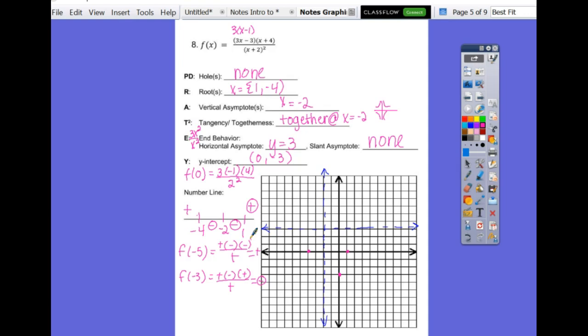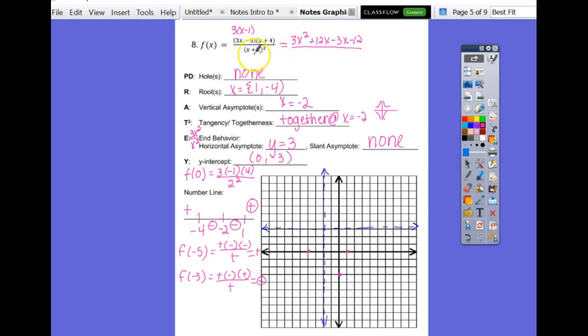I have to check and see whether it's going to cross my asymptote. So my asymptote equals 3. What I'm going to do is multiply this all together. So 3x times x gives me 3x squared. 3x times 4 gives me 12x. Minus 3x minus 12.